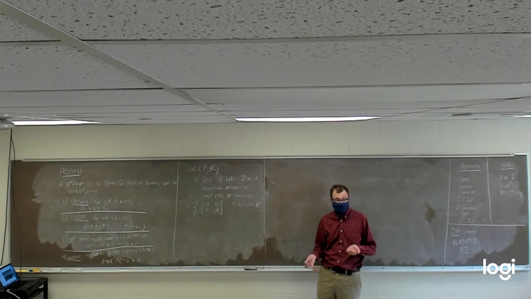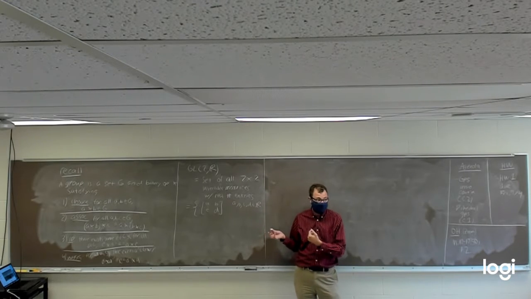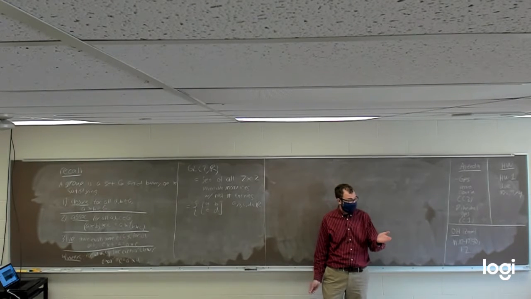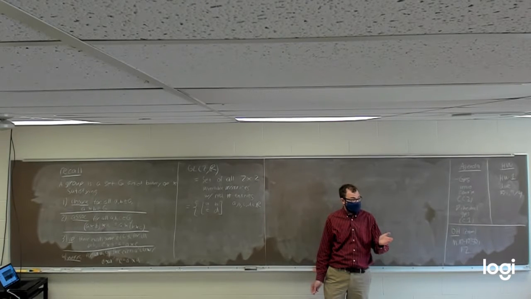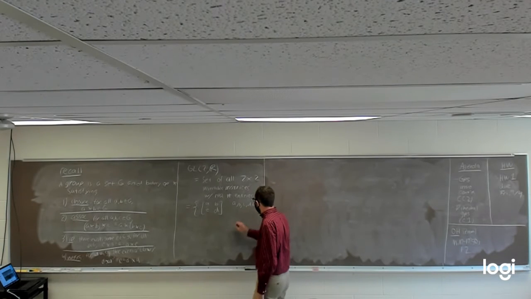There are several different ways we can say how a 2 by 2 matrix like this is invertible, but what was it? AD minus BC is not 0. Yes.